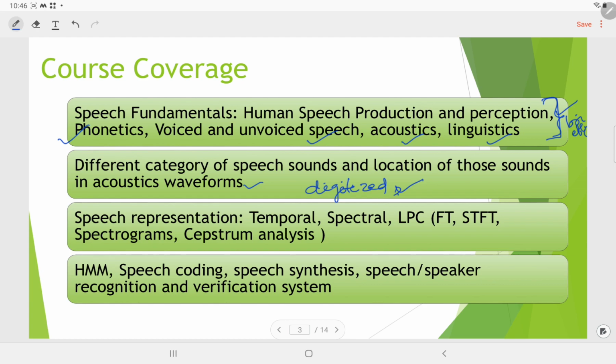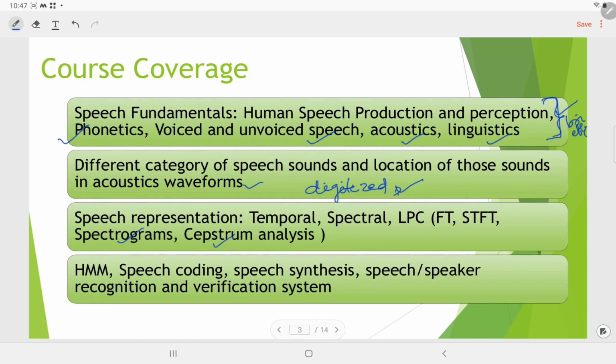Then after that we will cover speech representation, that is in time domain as well as in frequency domain. If you are going for frequency domain, then we will study the spectrogram, and if we are considering the homomorphic domain, then there will be cepstrum analysis.